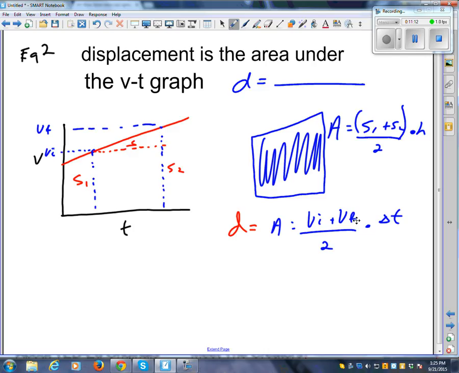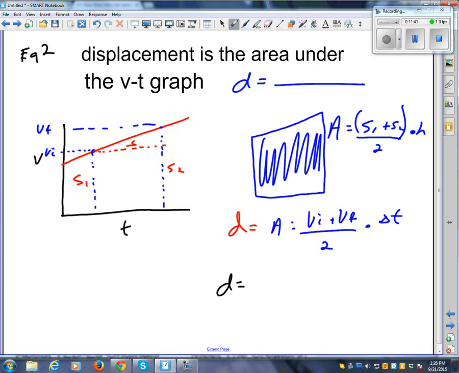Now I'm going to take this formula and do some rearranging. I'm going to write d equals, because the displacement is the area. How else could I write VI plus VF over 2? Instead of divide by 2, I could multiply by a half.